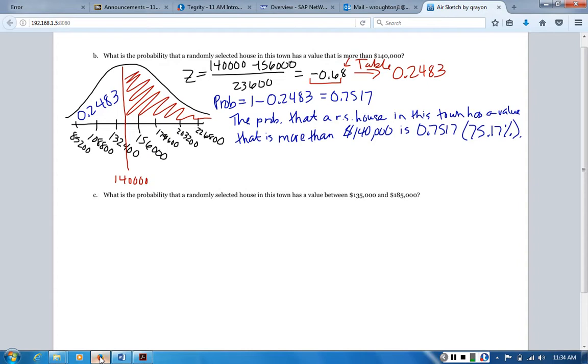Alright, last example, still working with house prices. So again, I'm just going to start with my picture. There we go. All the same numbers along the bottom.